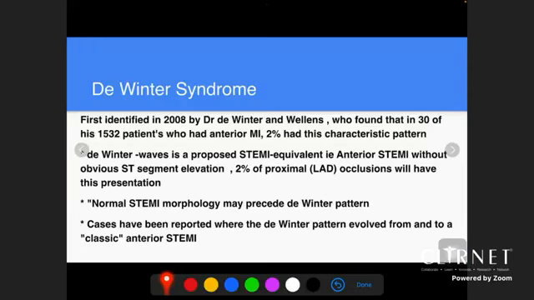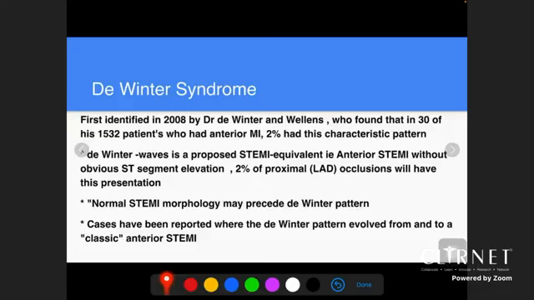Second is De Winter syndrome. This was first identified in 2008 by De Winter and Wellens, who found that in 30 of their 1,500 patients who had anterior MI, around 2% had this characteristic pattern. The De Winter wave is a proposed STEMI equivalent, to say anterior STEMI but without obvious ST elevation.